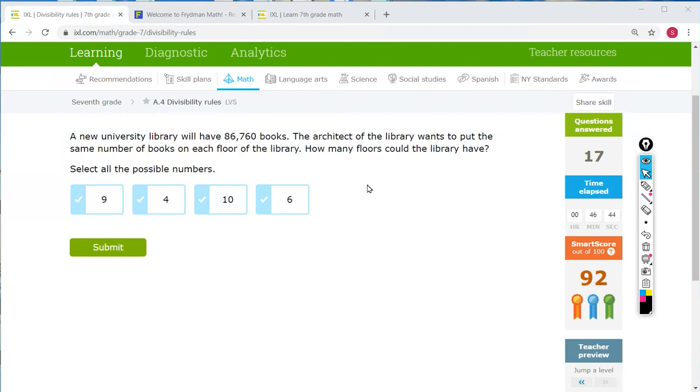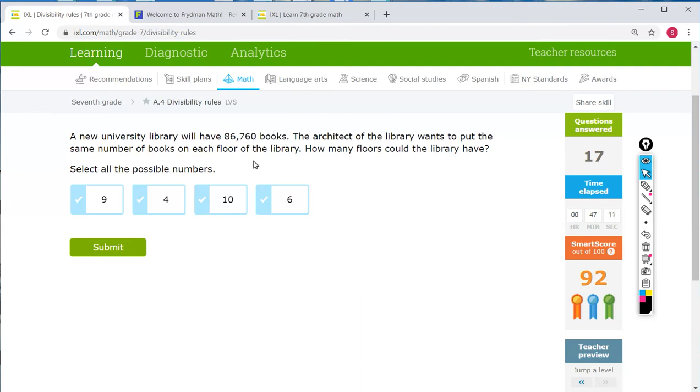So if we're splitting this number of books between a certain number of floors, and we want every floor to have the same number of books, then we want to make sure that the number of floors divides nicely into the number of books.